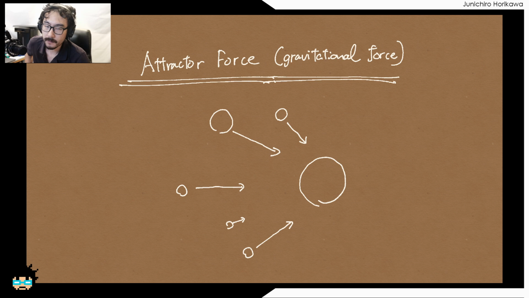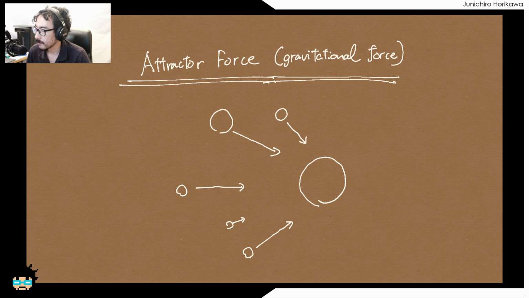Now the first force I'm going to implement using VEX is called attractive force, which is also called gravitational force. This is pretty similar to the force that we did last episode, which is gravity force, which is affected by the mass of an object, and in this case the distance between the attracting object and the attracted objects.